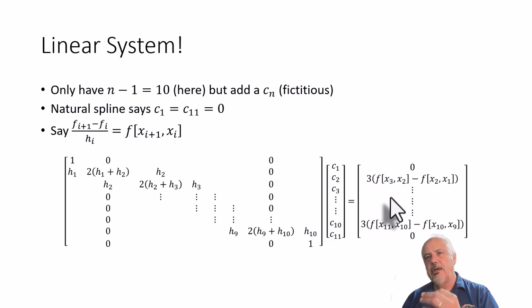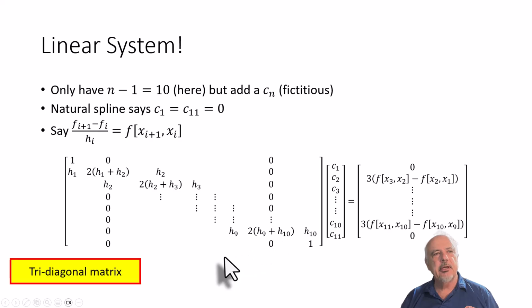And then of course, the 3 times the F bracket difference just percolates down, and then you have your linear system. It's tridiagonal, so actually somewhat sparse. But you can use this to solve for the intermediate C's.